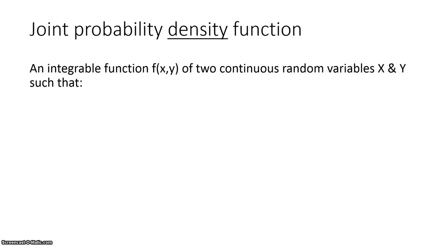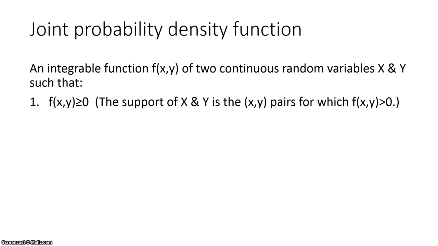A joint PDF is an integrable function, little f of x and y, of two continuous random variables, X and Y, that satisfies these conditions. First of all, f of x, y has to be greater than or equal to 0 for all values of x and y. And the support of X and Y is the set of all the x, y pairs for which this function, f of x, y, is greater than 0.